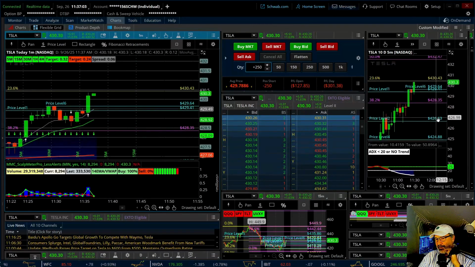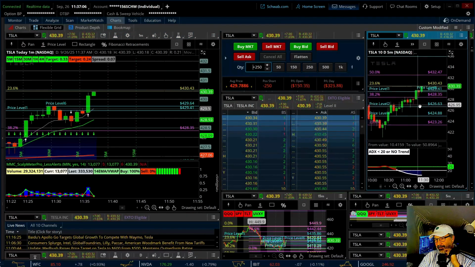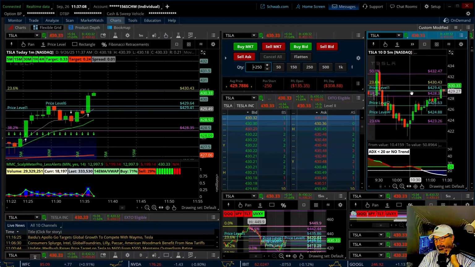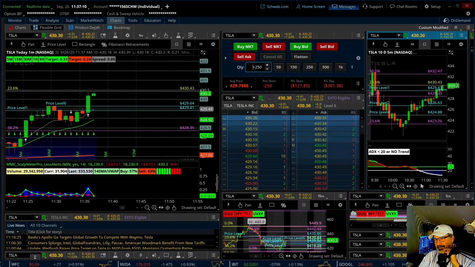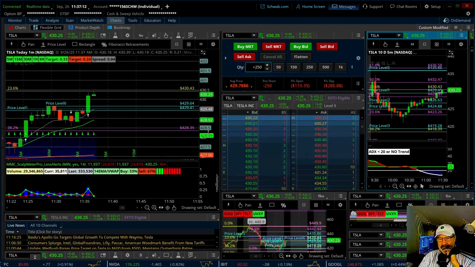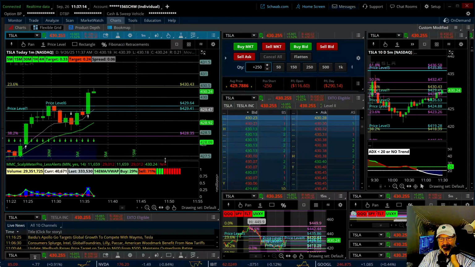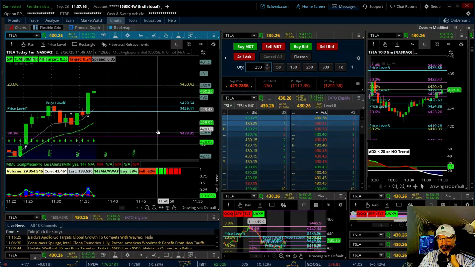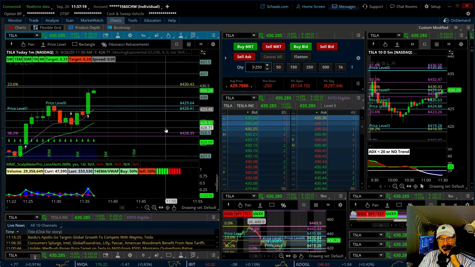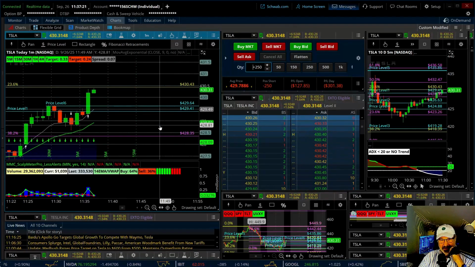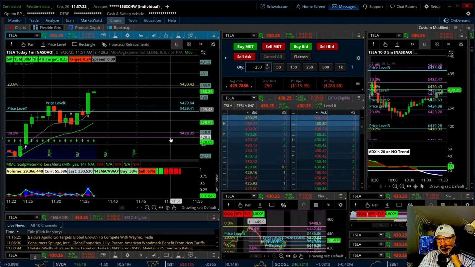So we're going to wait for a retracement on the short. That fib level is like a wall. It should be. A ceiling, just like will not break through it, I hope.